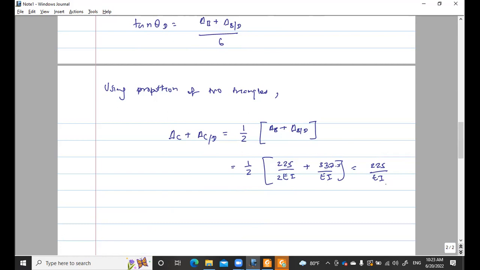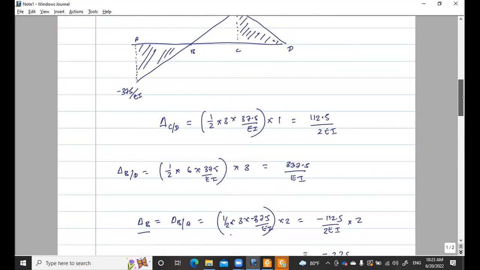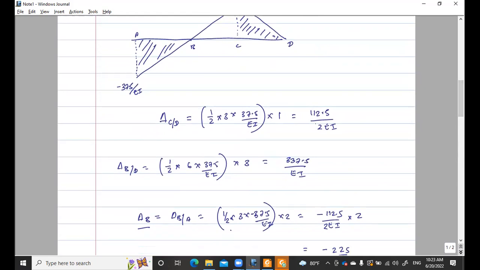So now I have delta CD. So my delta C is 225 over EI minus delta CD. So that is 225 over EI minus delta CD, which is 112.5 over 2 EI.